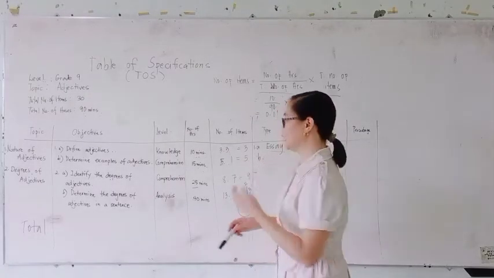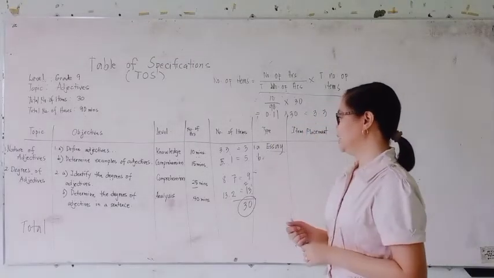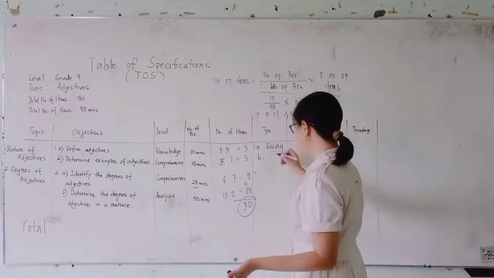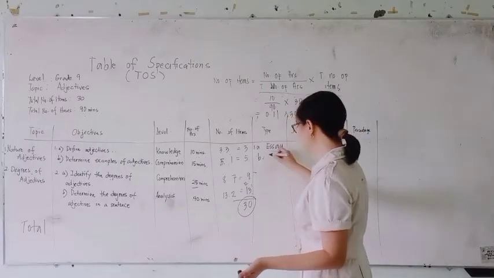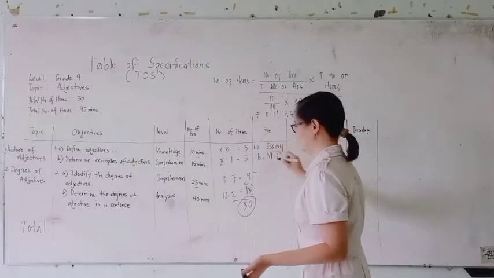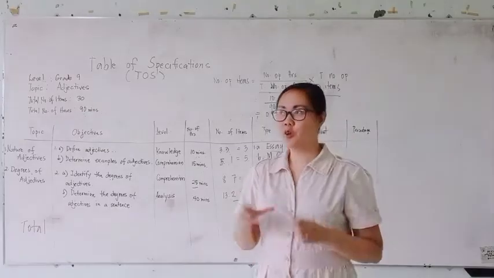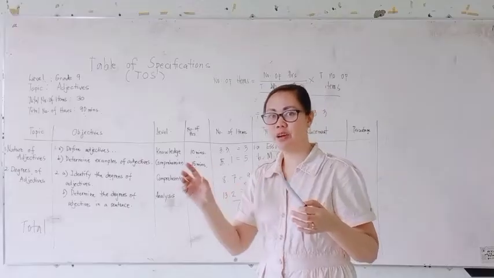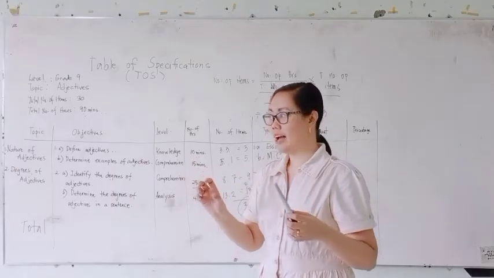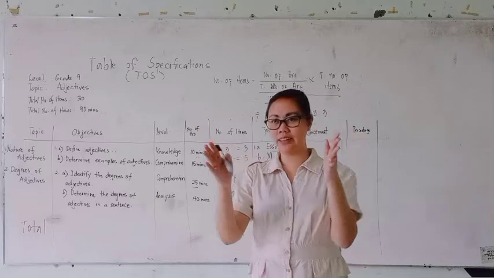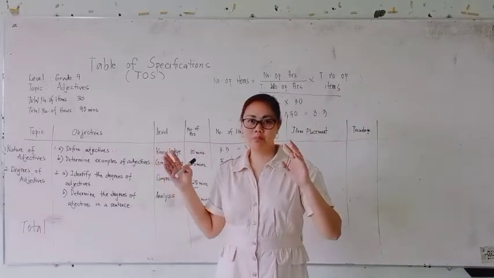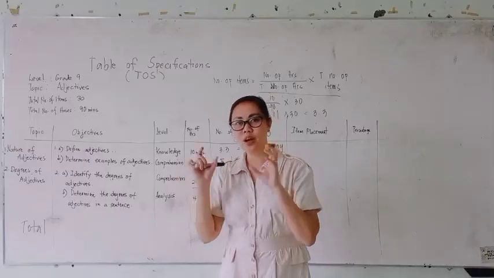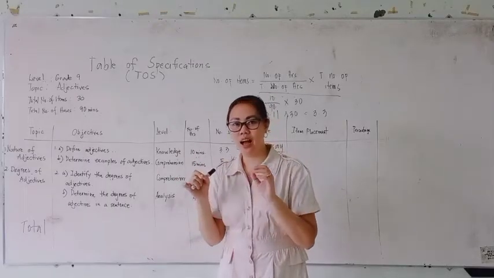So, halimbawa, nakapag-decision kayo na, ang gagamitin ko na test item ay multiple choice. Merong nakakonstruct, tapos i-identify ko kung ano yung adjective doon. O may mga choices na iba-ibang parts of speech kasi i-identify ko doon, A, B, C, D, kung alin doon yung adjective.